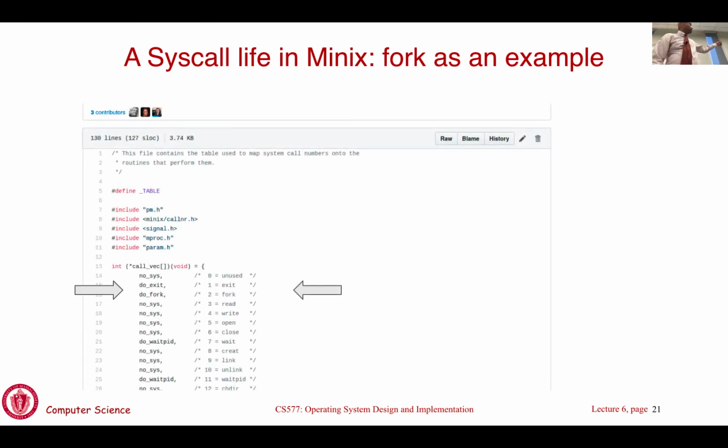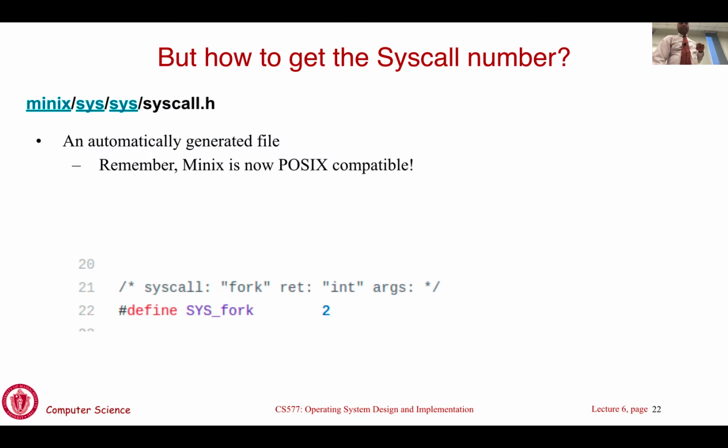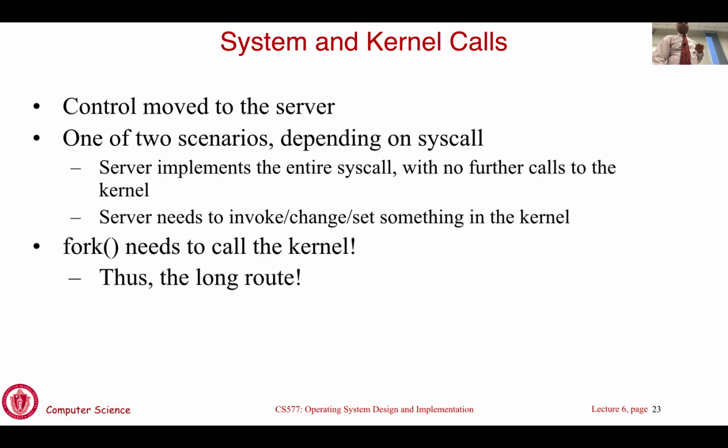Fork is system call number 2, so you are going to index into the second entry and start executing. Typically either the system call is implemented, in this case by the process manager, completely, or it is going to ask the OS to do something for it.